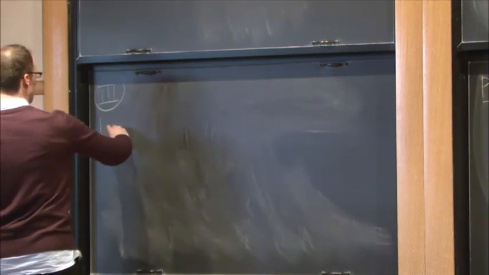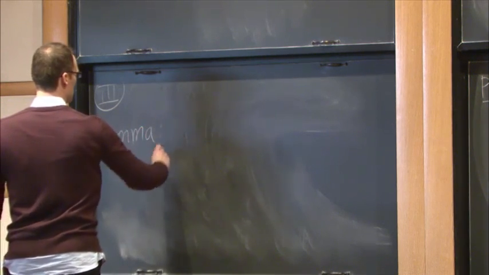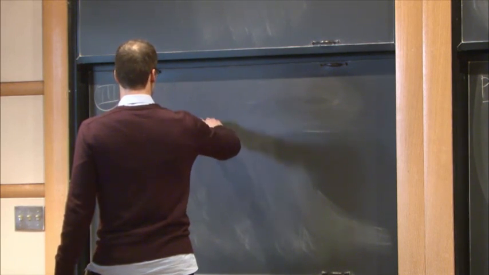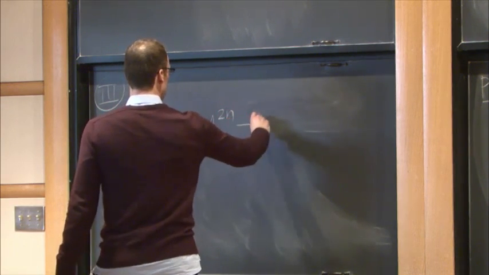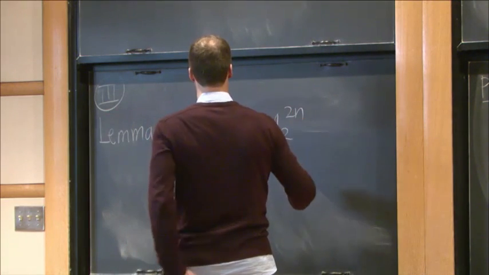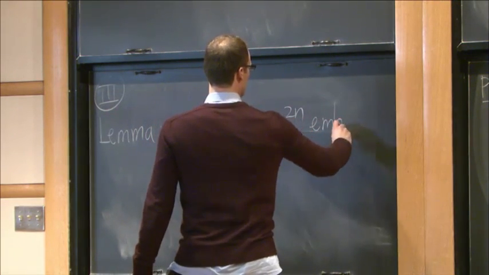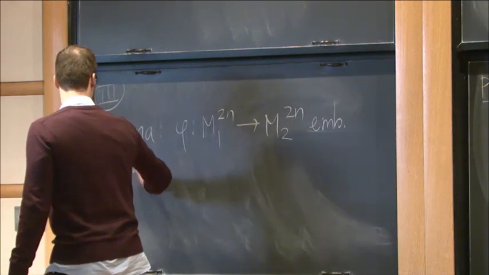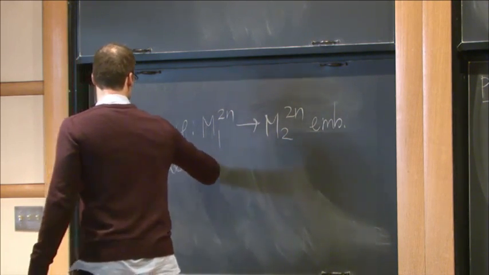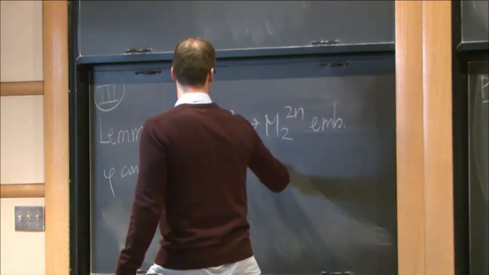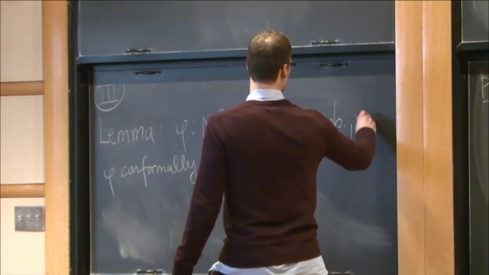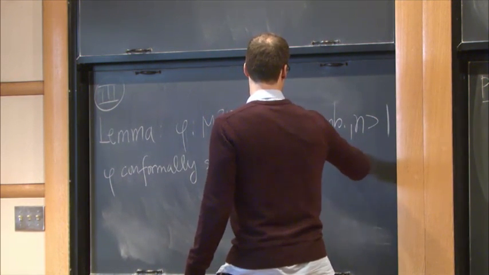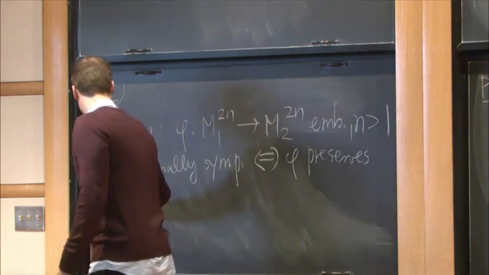And the first, I guess I should just call it a lemma, is that if we have an embedding phi, then phi is conformally symplectic if and only if phi preserves Lagrangian submanifolds.